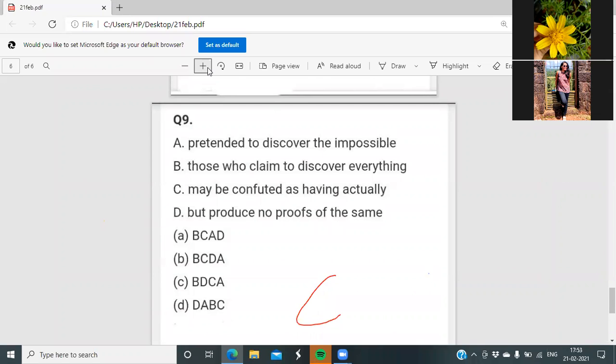You just cannot tell me you agree with what I say. If you have your own logic, please let me know. That's absolutely okay. I want to understand why you have specified answer A. Again, for option B, people have specified like before: those who claim to discover everything may be confused as having actually but produce no proofs of the same. Pretended, no, not at all.